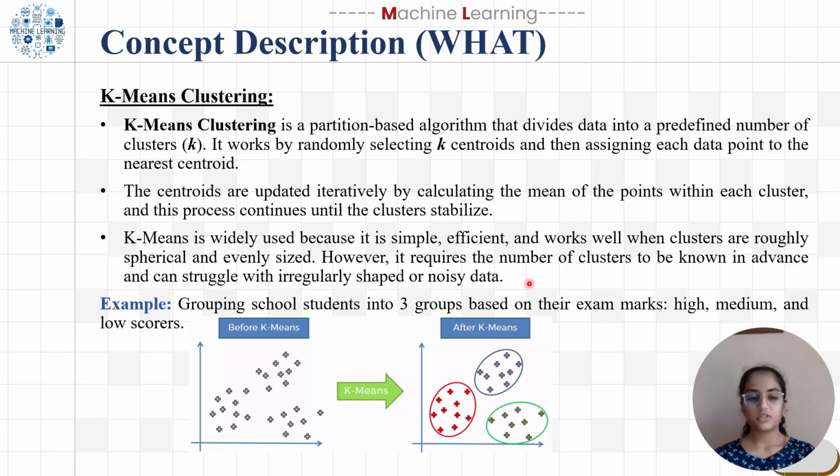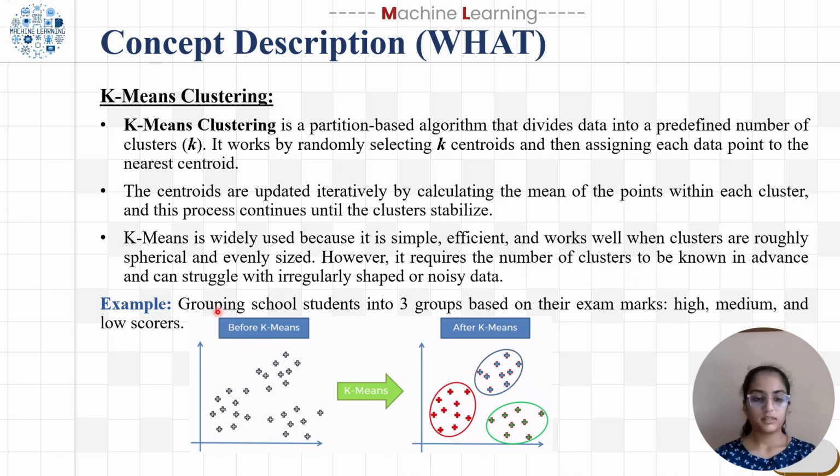So K-means clustering is widely used because it is simple and efficient, and it works best when the data is in a spherical form, or evenly sized. In K-means clustering, the number of clusters must be known in advance.